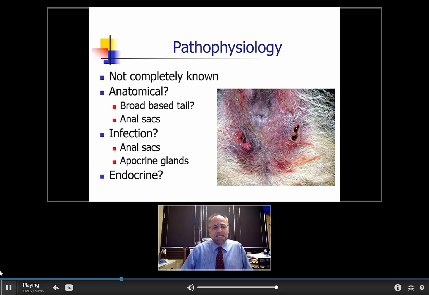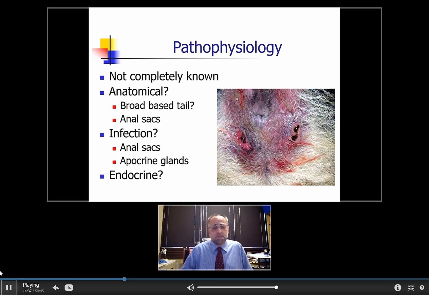But that's kind of been debunked at this point because, again, it is more than likely an immune-mediated problem. These lesions do occur in the location, as you can see in this picture, where the anal sacs happen to be. So again, there were concerns that the anal sacs may be causing the underlying problem, but again, it may be a component of it.